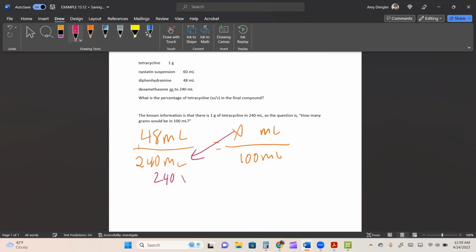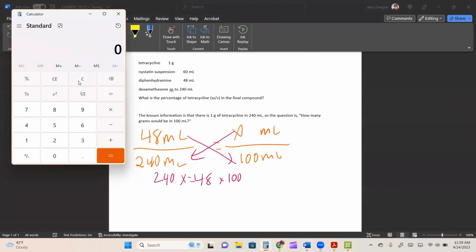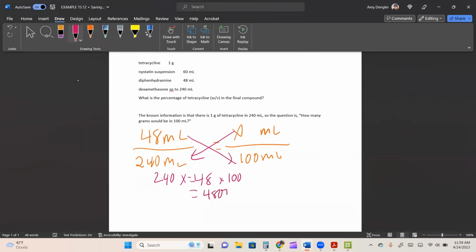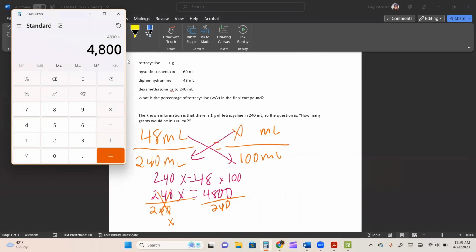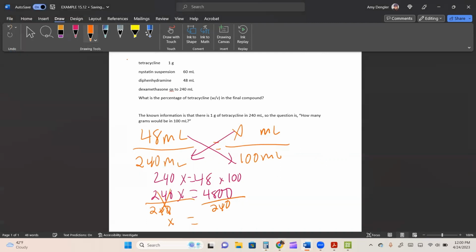So 240x is equal to 48 times 100. So 48 times 100 equals 4,800, and we have 240x. We want to get x alone, so we need to divide both sides by 240. So 4,800 divided by 240 is 20. So that is 20%.